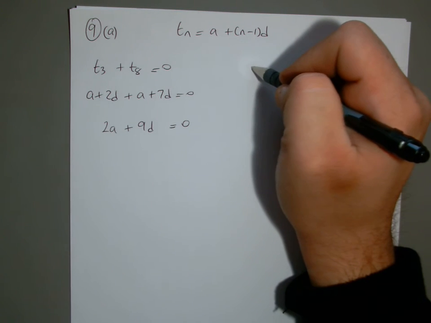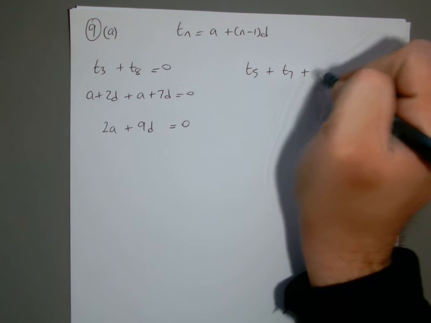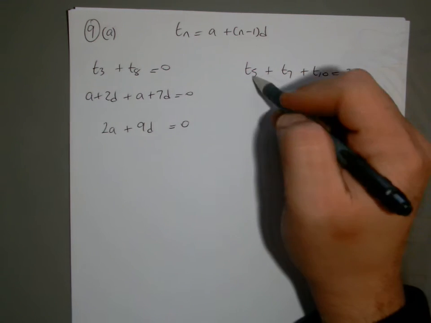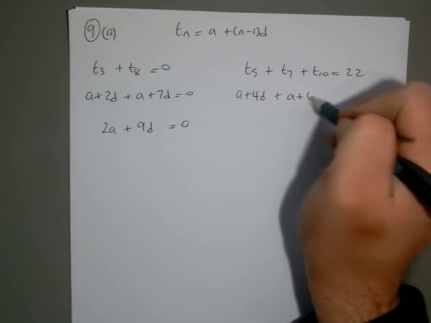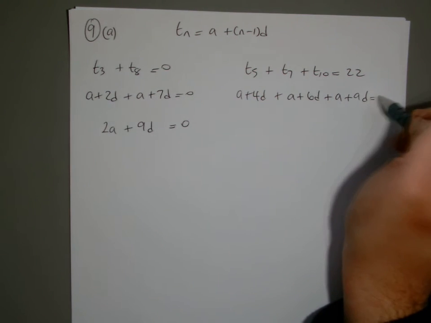So it says the sum of the 5th, 7th and 10th terms is 22. So T5 is a plus 4d, T7 is a plus 6d, T10 is a plus 9d, is 22.